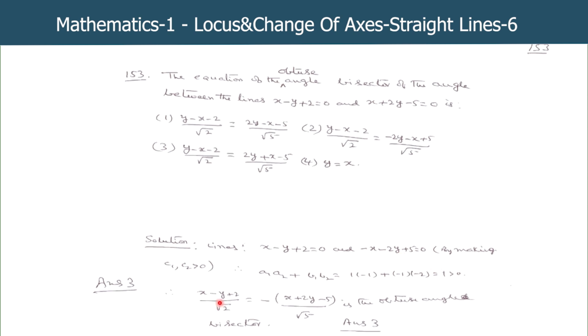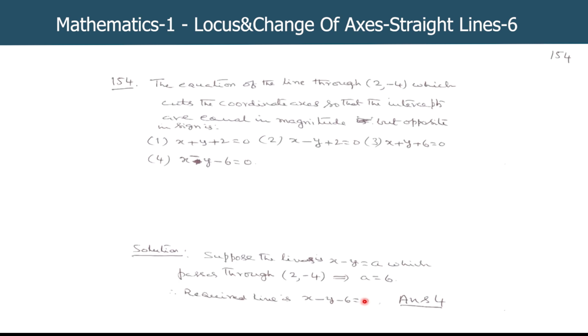So therefore, x minus y plus 2 by root 2 equals minus x minus 2y plus 5 by root 5 is the obtuse angle bisector. So the correct option is option number 3. So if it is positive, plus sign is the acute angle, minus sign is the obtuse angle.